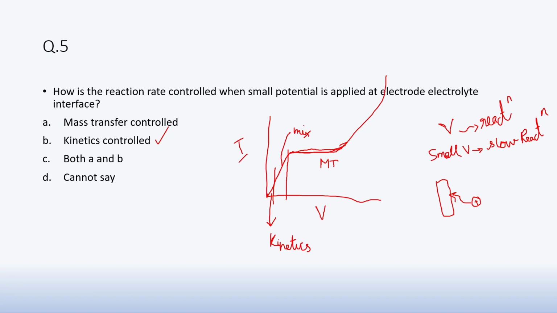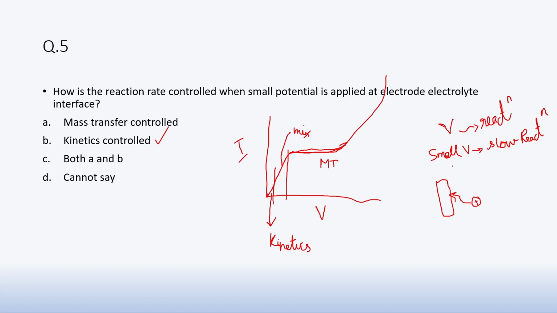Sometimes a point is reached when there are not enough ions to diffuse from the solution and come to the electrode-electrolyte interface. In that scenario, the reaction becomes dependent upon the diffusion of the ions. Okay, so those are the two cases.